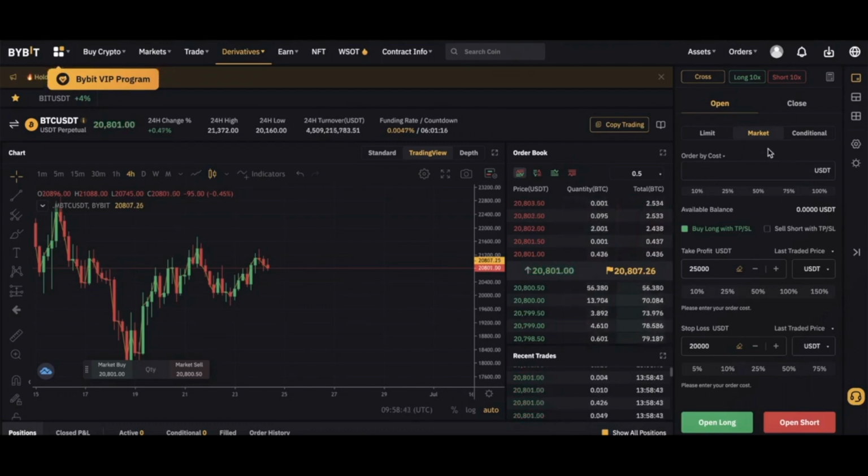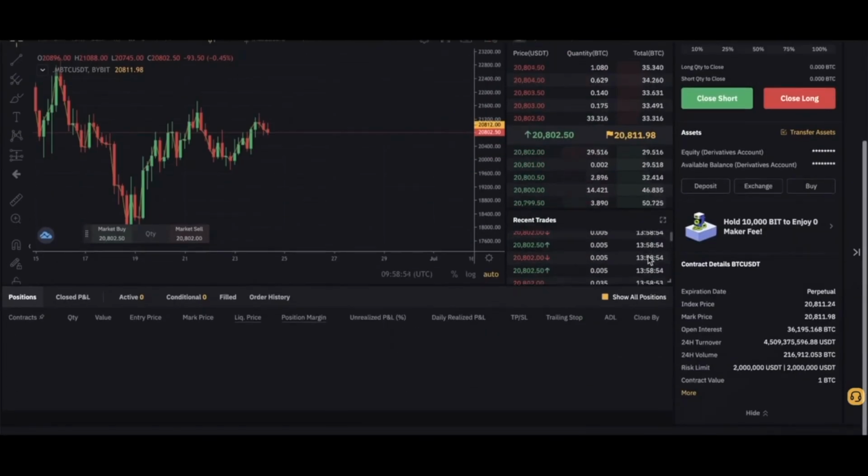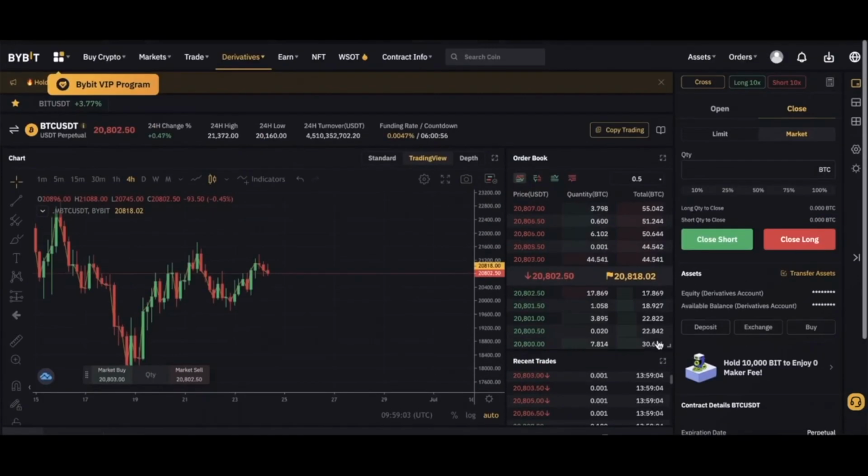So this is the thing: we can open a long position or a short position. The second one, we can also close this position. When you have opened the position, it will be marked here. We're looking at that later. Then you can close here, you can click close, and then the position is closed.